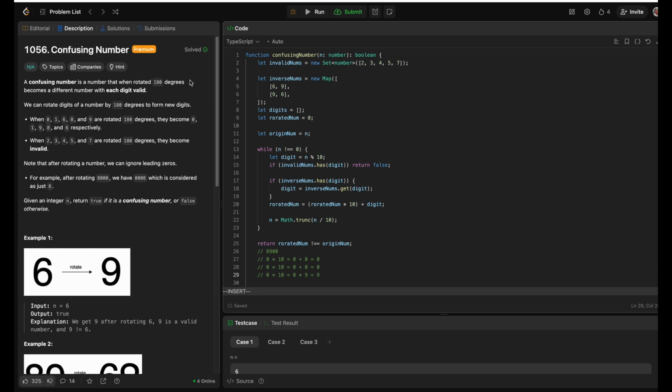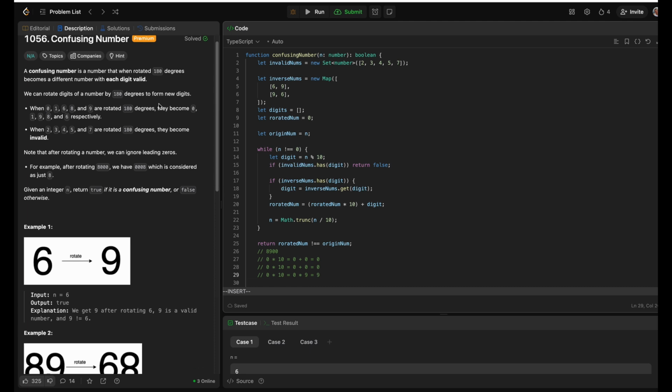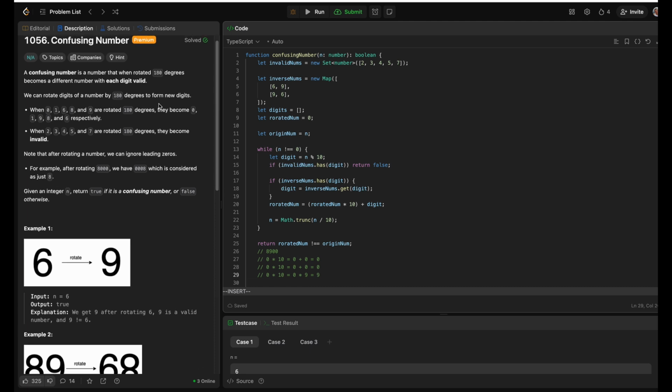So the problem is about a confusing number. We have some given number, and we have no idea how many places or digits it has. One second, I'll take a pen or pencil.